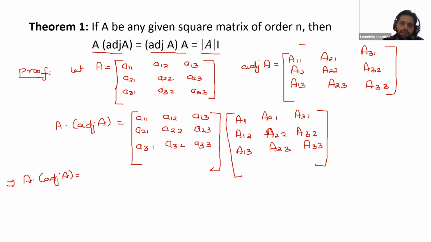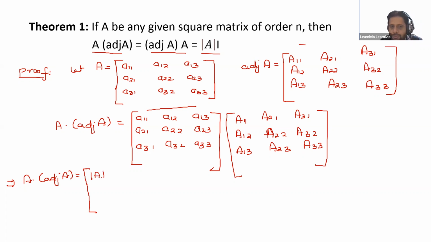Now you already know how we need to multiply two matrices. We will take the first row and first column. So A11 will get multiplied with A11, A12 will get multiplied with A12, A13 will get multiplied with A13. And finally, as per the previous theorem, if you multiply the elements of any matrix with their corresponding cofactors, then you will get the determinant.